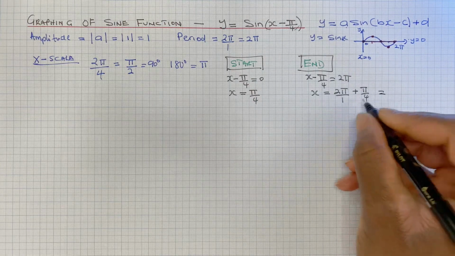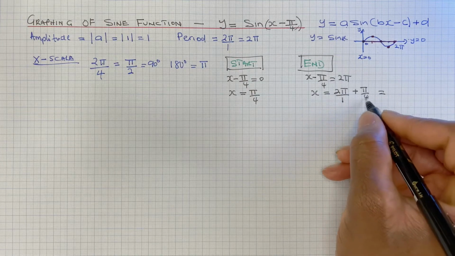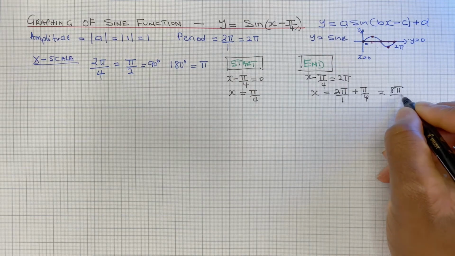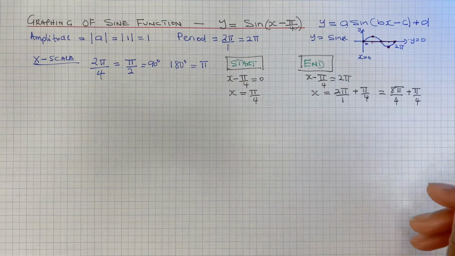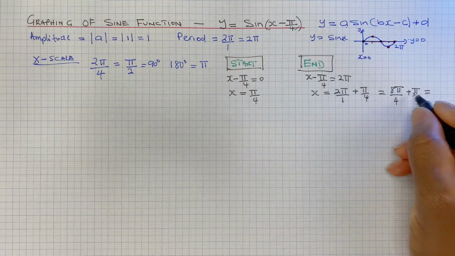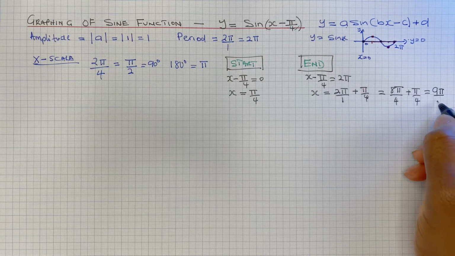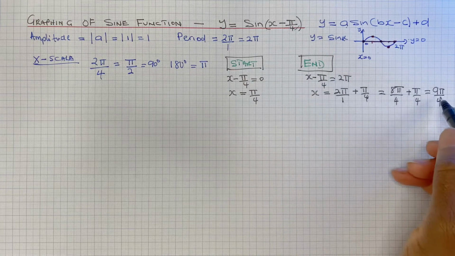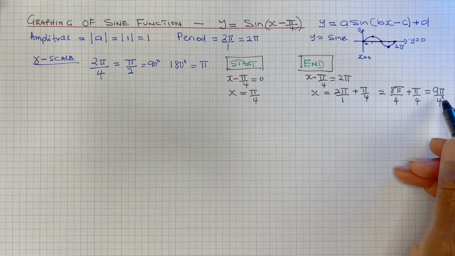Well, in this case, I need to multiply the bottom here by 4 and the top by 4 to make it the same denominator. So I'll get 8 pi over 4 plus pi over 4. What that implies is 8 pi plus pi is 9 pi over 4. So that is the end of our graph. We start at pi over 4, we finish this at 9 pi over 4.